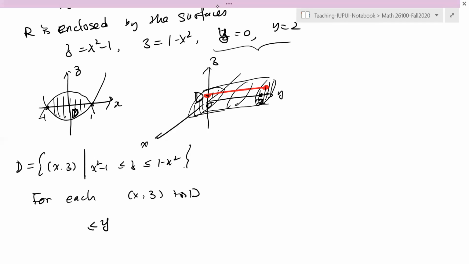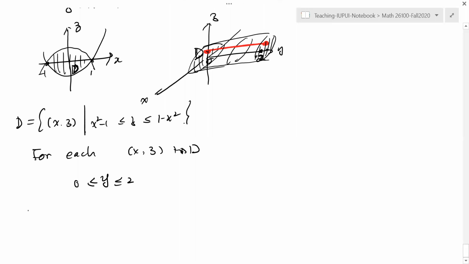So the y variable along this line is between 0 and 2. It's fixed. So y only goes from 0 to 2 in the bounds they gave us, correct? Yeah, that's right. If we cut this cylinder in a different way, then y depends on the choice of xz. But here, y is just between 0 and 2.